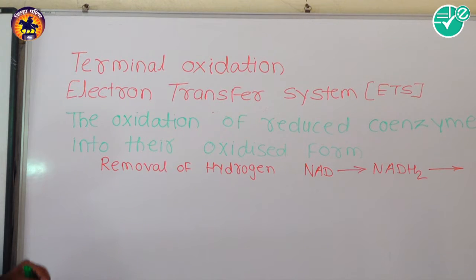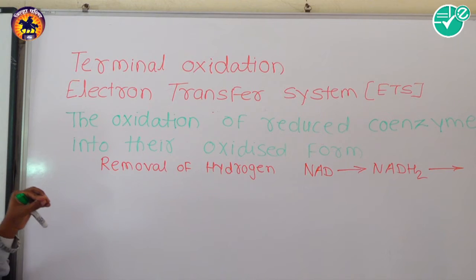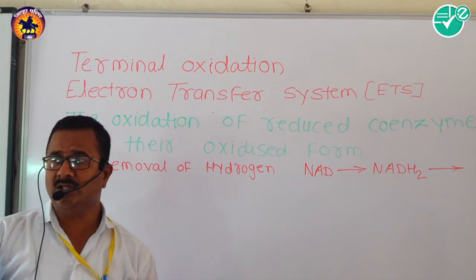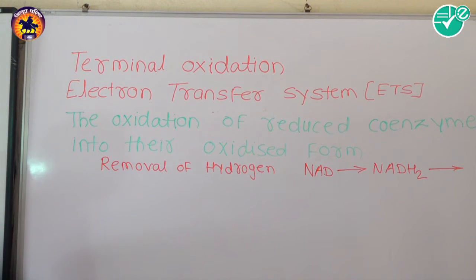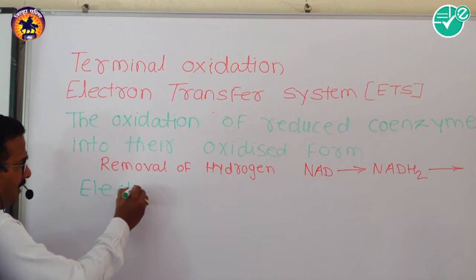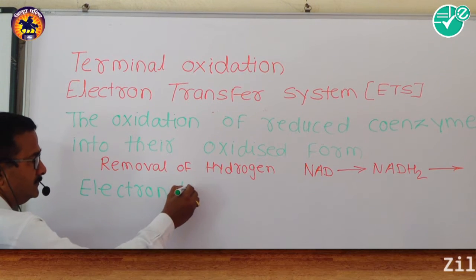Means the oxidation of reduced coenzymes into their oxidized form is related with the regeneration of NAD and FAD like coenzymes. So this process is related with the electron transfer.